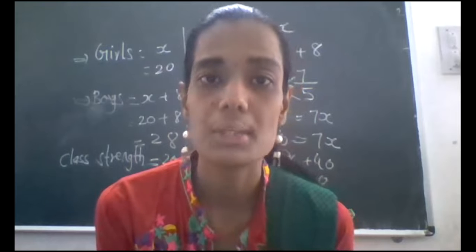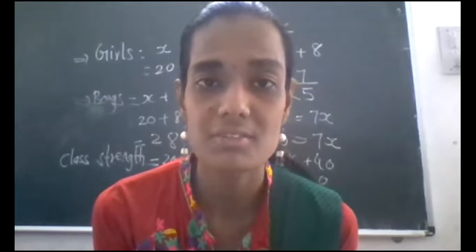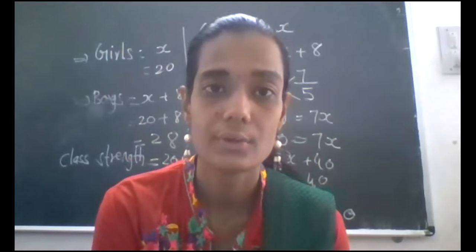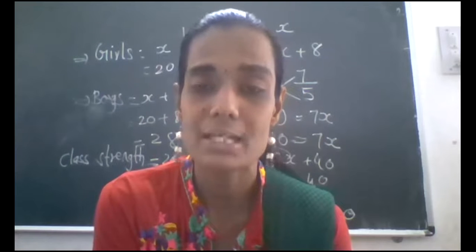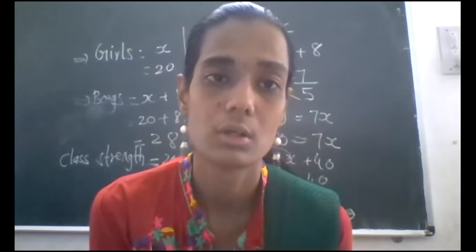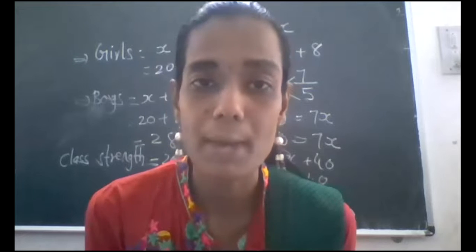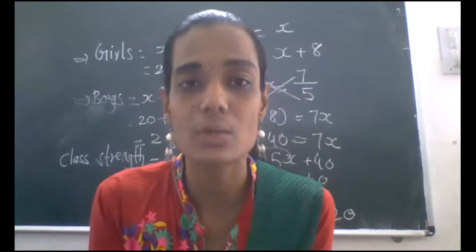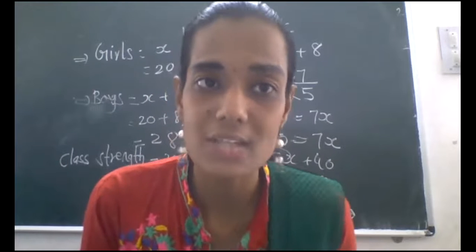Bharat's father's age will be x, and Bharat's grandfather's age would be x plus 26. Bharat's father is 26 years younger than Bharat's grandfather, so if his father's age is x, his grandfather's age is x plus 26. And he is 29 years younger than his father, so Bharat's age is x minus 29.